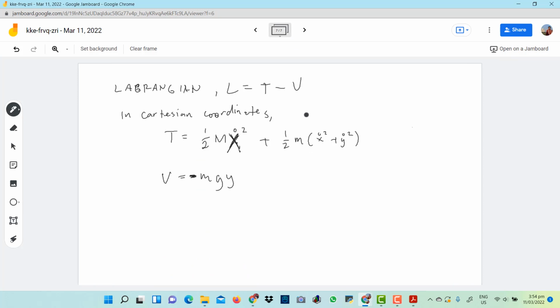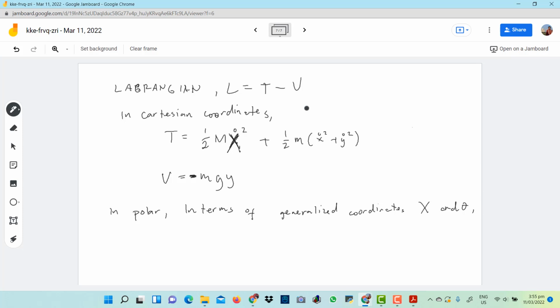Okay. In polar, in terms of generalized coordinates, atong gisulat, x and theta. Okay, let's transform this one in polar.